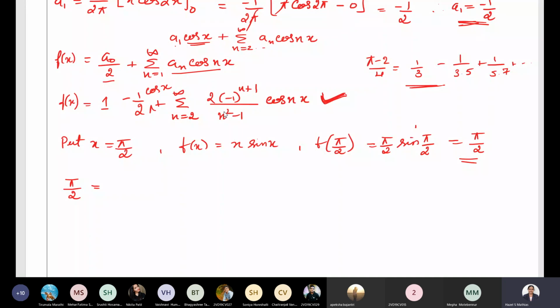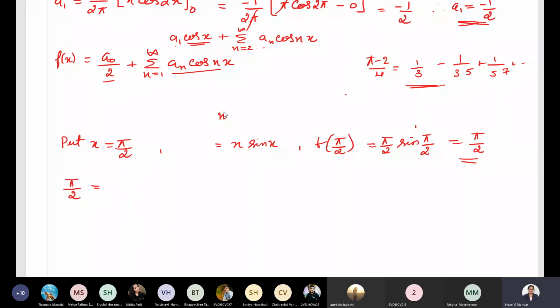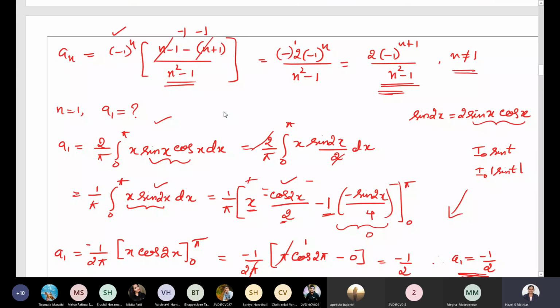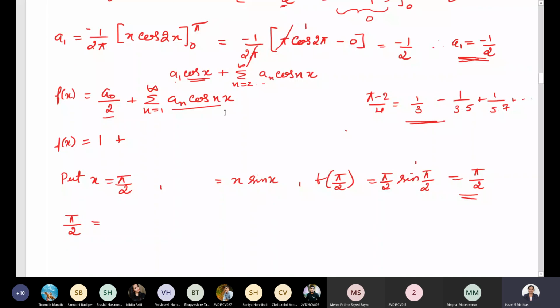We'll write it once again. See over here, f of x is equal to a naught by 2, which we got to be 1, plus we have a n for n not equal to 1. For n equal to 1, we got a1 to be minus half, so for n equal to 1, you should take it outside.